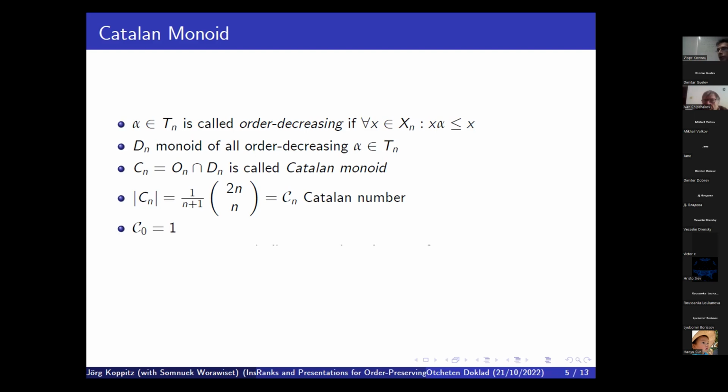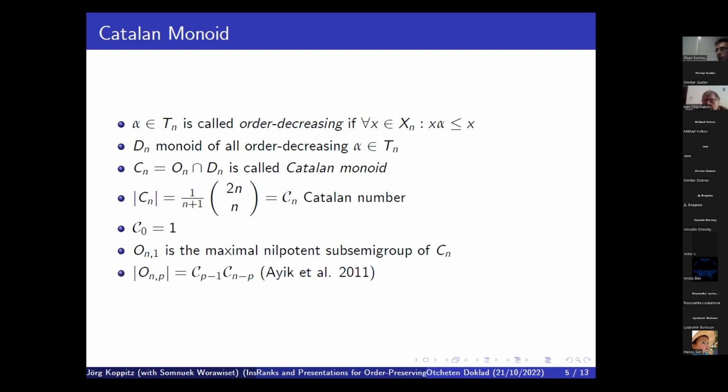And so what we can recognize: our semigroup O_N,1, that means all order-preserving transformations where 1 is the only fixed point, is the maximal nilpotent subsemigroup of the Catalan semigroup for N.